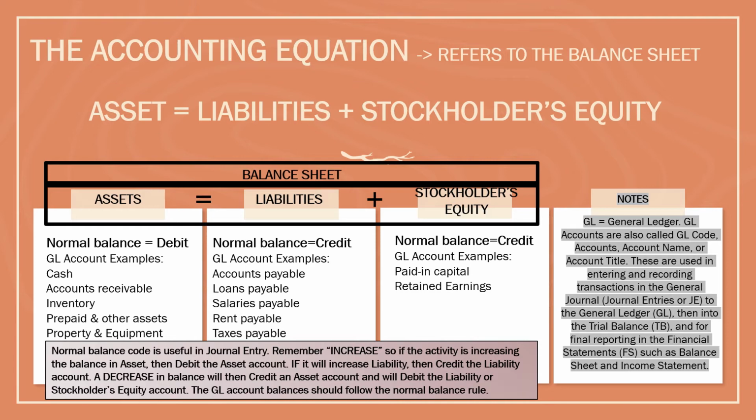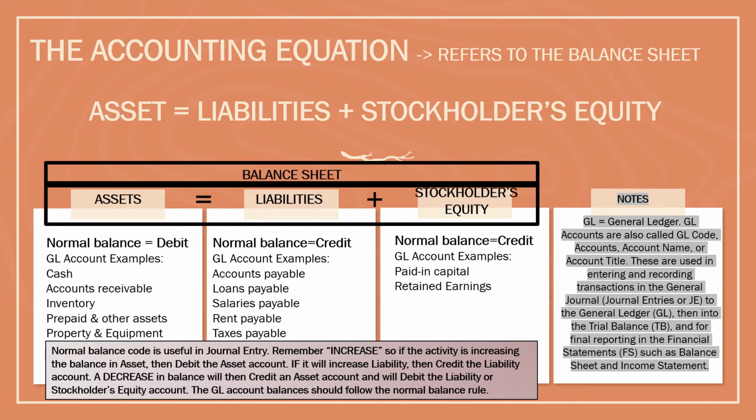That refers to the general ledger. So when we say GL accounts, that refers to the general ledger accounts. Here I'm just trying to make it clear that accounts are also called GL code, or simply accounts, or GL accounts. Those are the same thing.